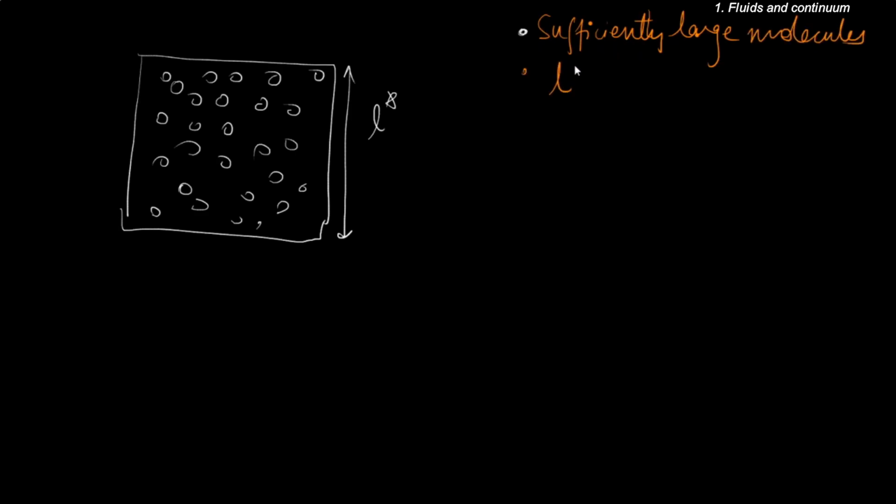The length scale must be significantly larger than the molecular length scale, but the length scale must be significantly small compared to the system length scale. Meaning, the ramification of this statement that the length scale of interrogation must be much smaller than the system length scale is that I will capture all the local continuous variations.